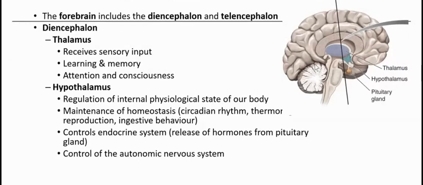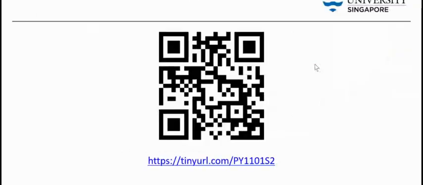If you remember, the autonomic nervous system comprises our sympathetic nervous system and our parasympathetic nervous system. So basically, I would say these two regions of the diencephalon are hyper crucial to maintaining homeostasis.